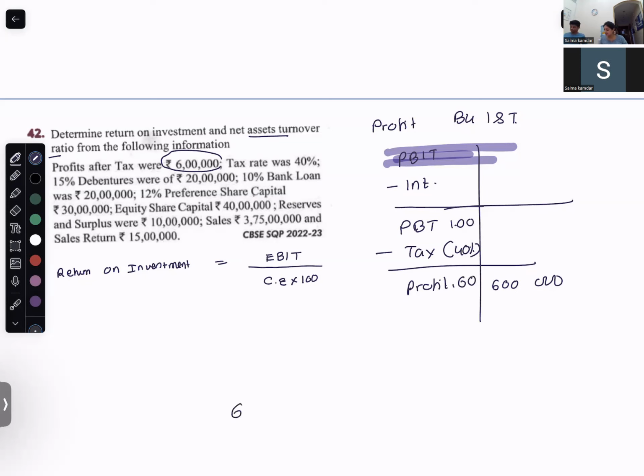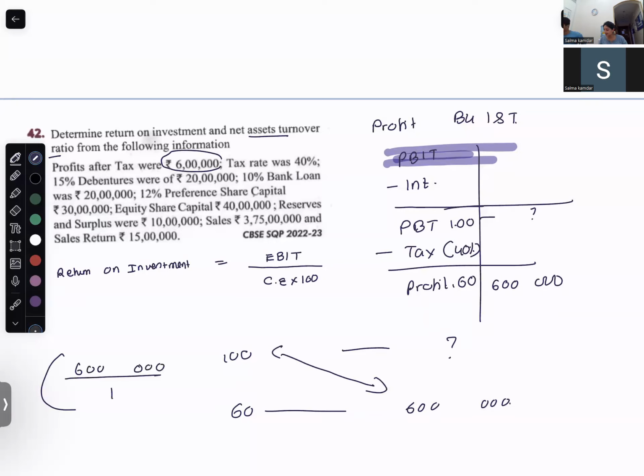So if 60 represents 600,000, then 100 will be how much? I want to find 100, so I'll cross multiply: 600,000 divided by 100 into 60.